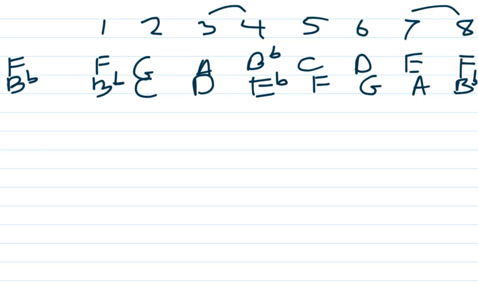From B flat, up a fourth. That is an E flat. E, you need an F. Imagine it in your mind.